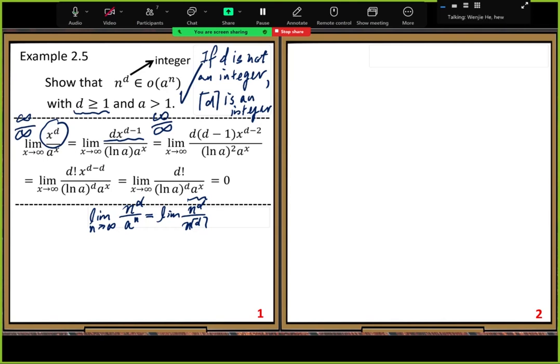All right. The second part, n to the d ceiling function over a to the n. Because the numerator here and the denominator here cancel out, right?